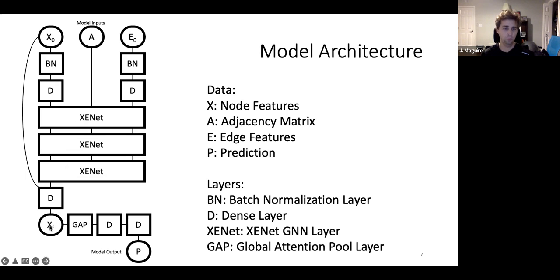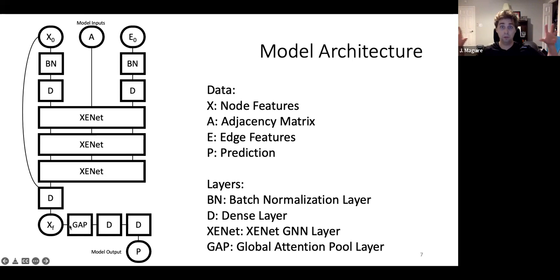This is a circle, which just means that we named the data at this point, saying that it's the final node representation. Then we undergo a global attention pool.